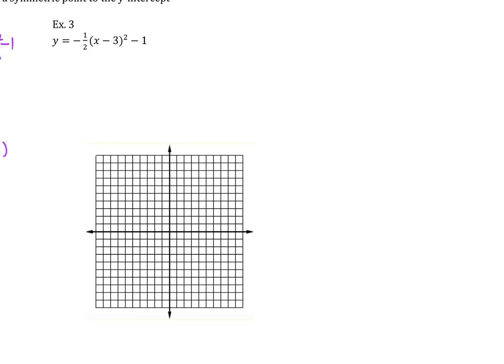Okay, this next one, my vertex should be (3, -1). The axis of symmetry is the vertical line that goes through that, so that's going to be x equals 3. My y-intercept, we have to plug in 0 for x and solve for y.